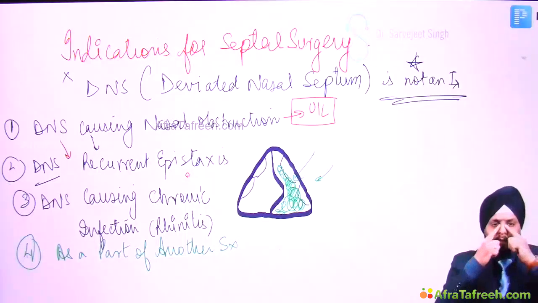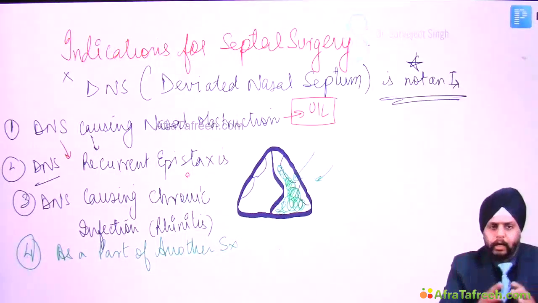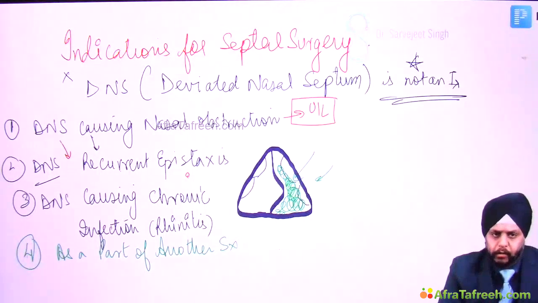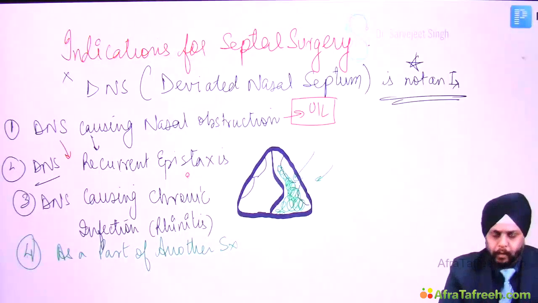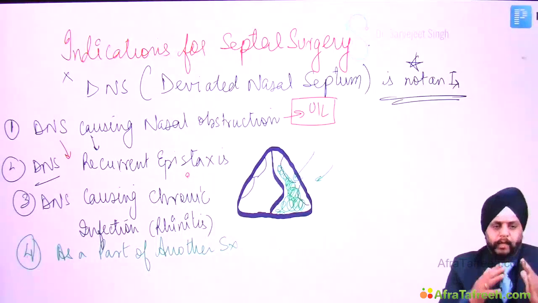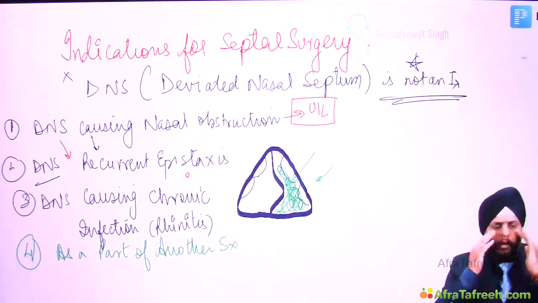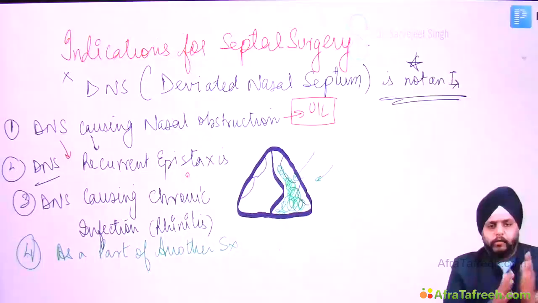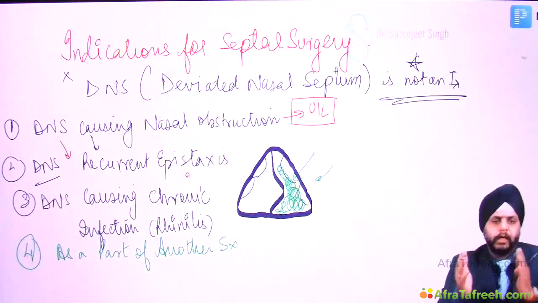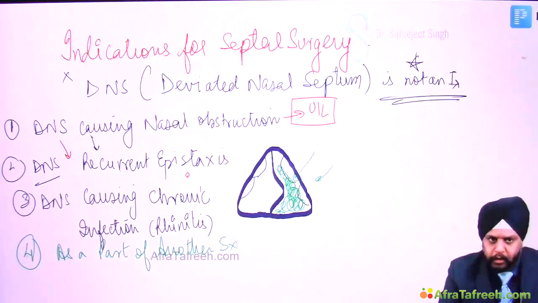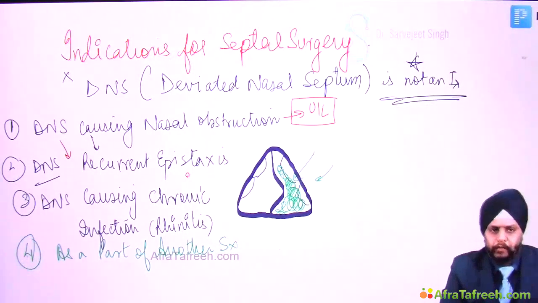Remember, we discussed rhinoplasty much earlier in the diseases of external nose, and we talked rhinoplasty is a surgery of external nasal architecture. But sometimes the septum is also deviated. So you cannot correct the external nose unless you correct the septum. So you may also have to do a septal surgery along with rhinoplasty. So as a part of another surgery.